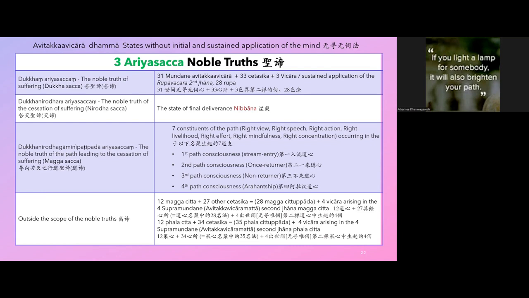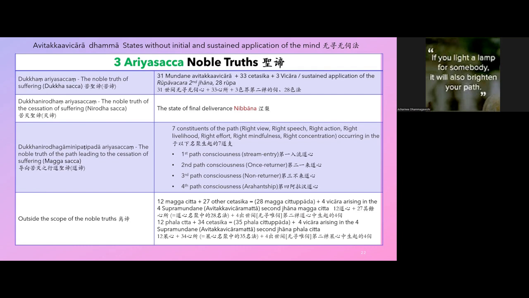So we get 31 consciousness, and together with them, we get 33 cetasika arising and 3 vichara. These 3 vichara were the vichara associated with the rupavachara second jhana consciousness, again coming from the second term, avitakkaavicāramattā dhammā. And 28 rupa. All of these are dukkha sacca.